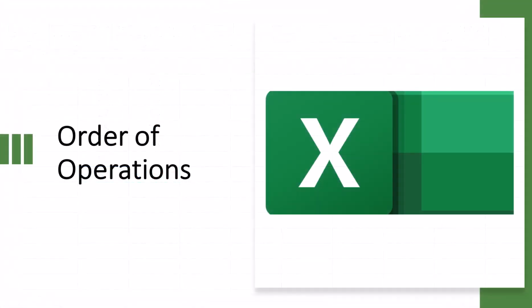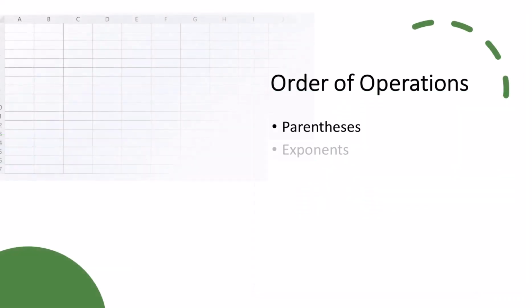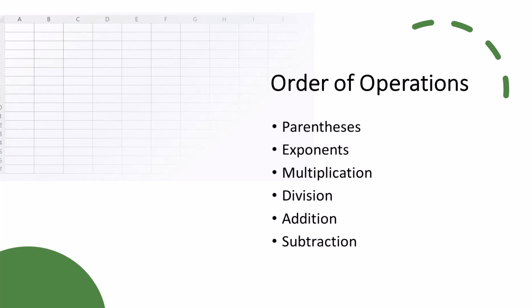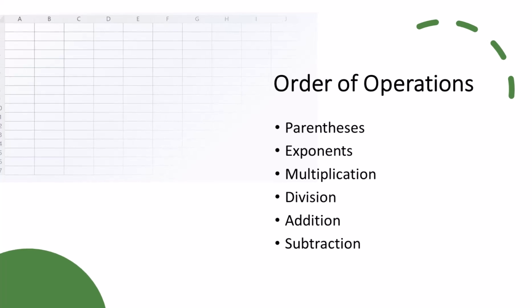Order of operations. When you enter a formula, Excel will use the standard order of operations: parentheses, exponents, multiplication, division, addition, and subtraction, calculated from left to right. Be careful when entering formulas, and remember that parentheses can change the order in which the calculations are performed.